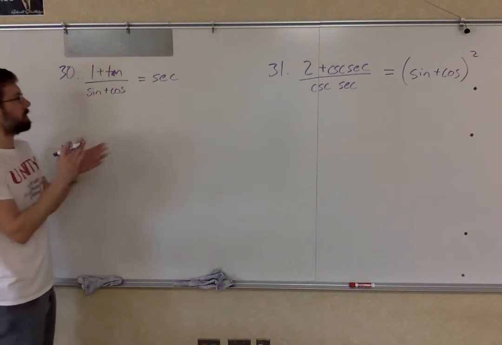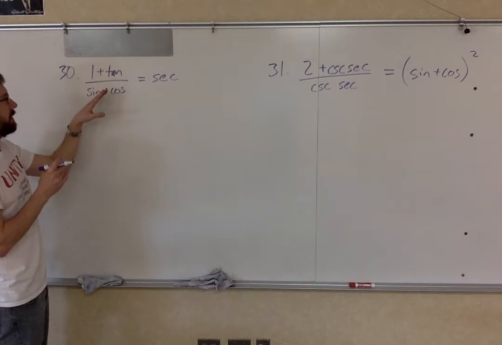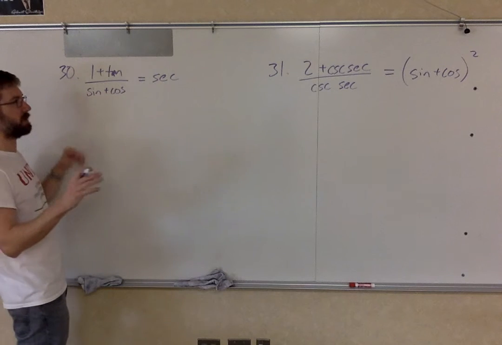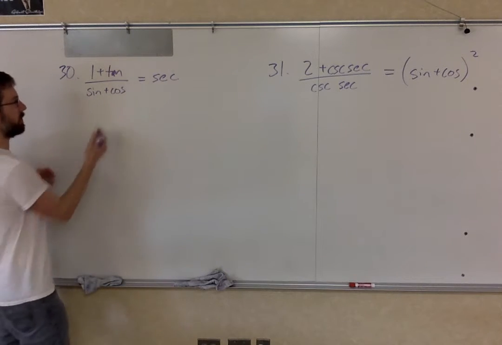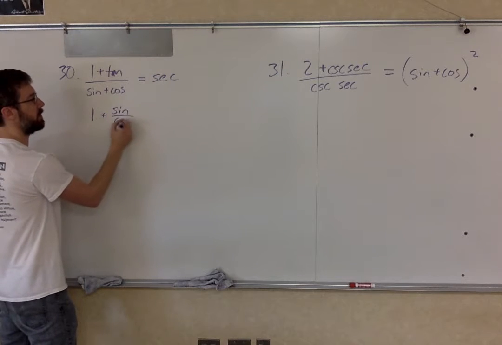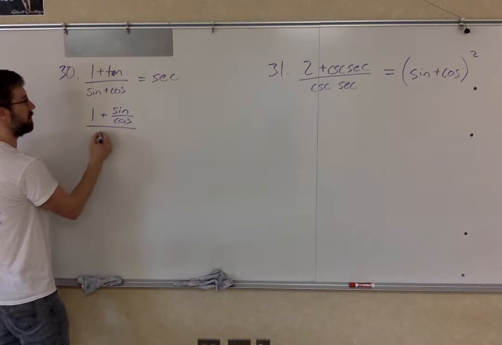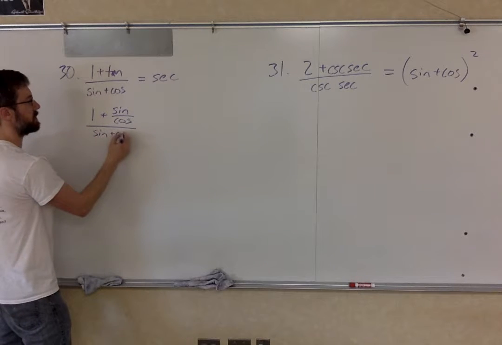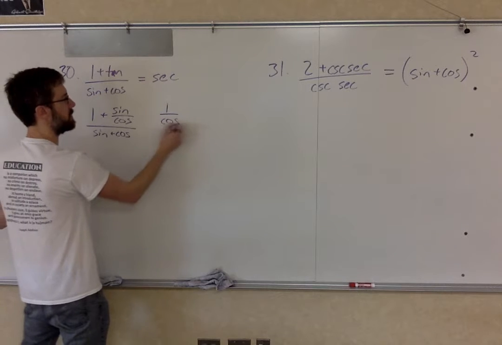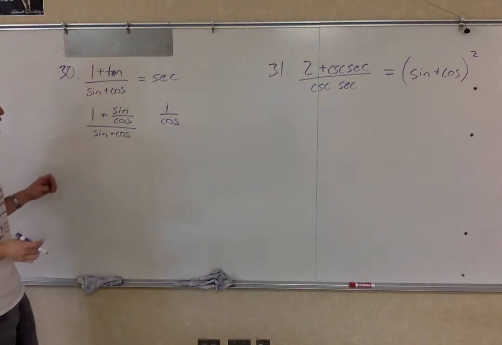Okay. Over here, I've got 4 different trig ratios, so let's get them all into sine and cosine to start with. So this will be 1 plus sine over cosine, we're changing tangent, over sine plus cosine, and then this side will make 1 over cosine, so it gives me a little something to shoot for.